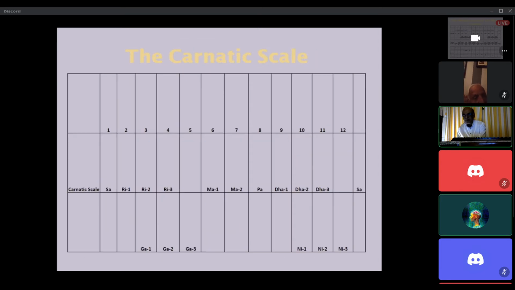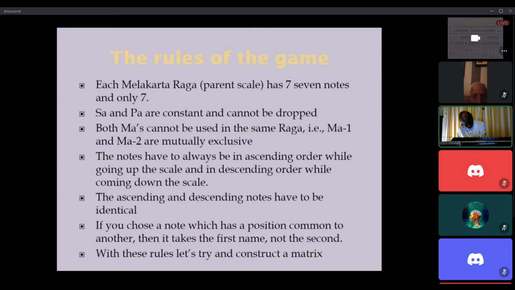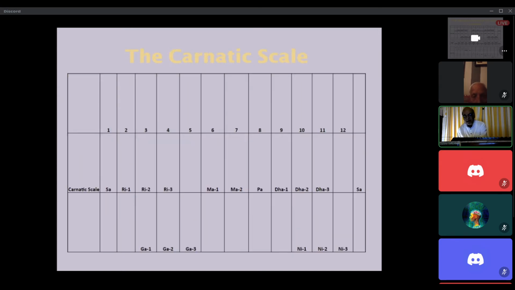So for instance, if I were to do R2, if I choose this position, unfortunately I can't move my pointer here, but let's look at this.